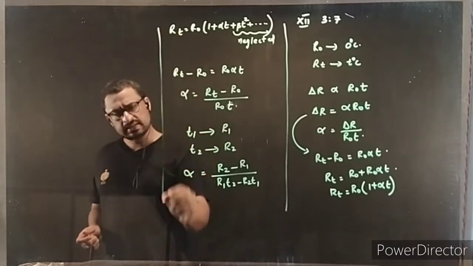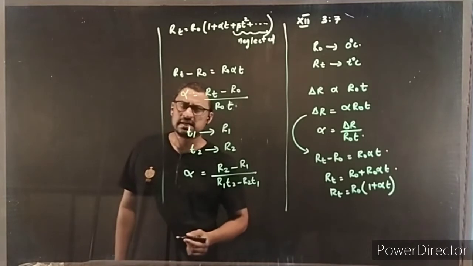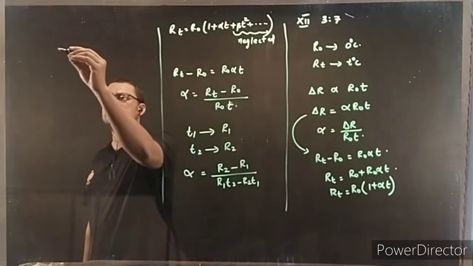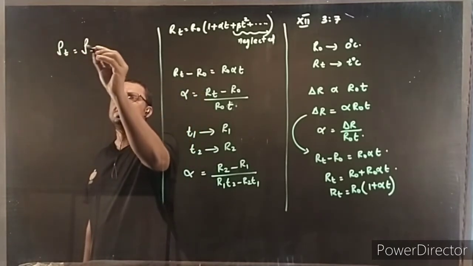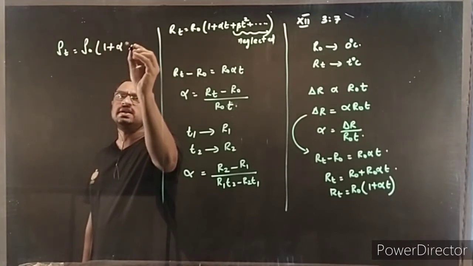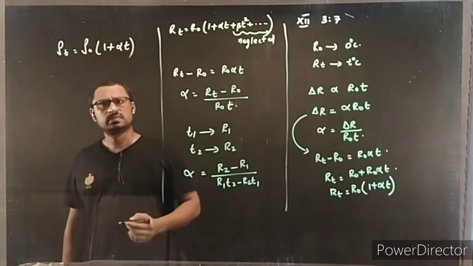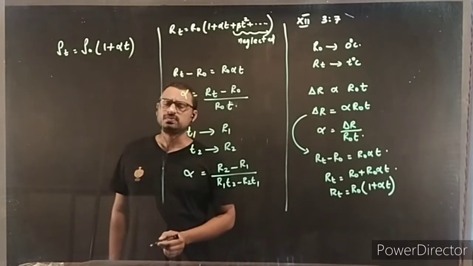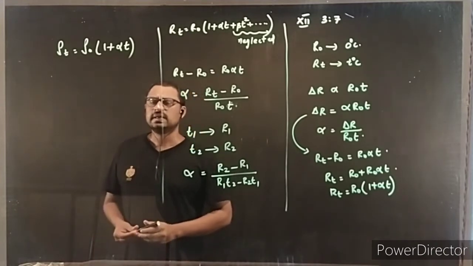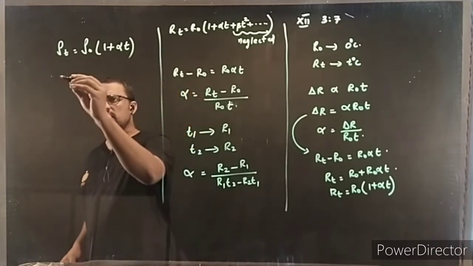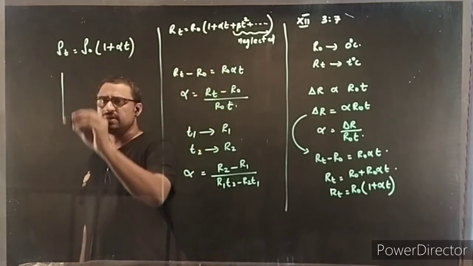Now, as there is an expression for resistance, there is an expression for resistivity also, like rho T is equal to rho 0 into 1 plus alpha T. Same expression. Now, I told you this is the actual variation.